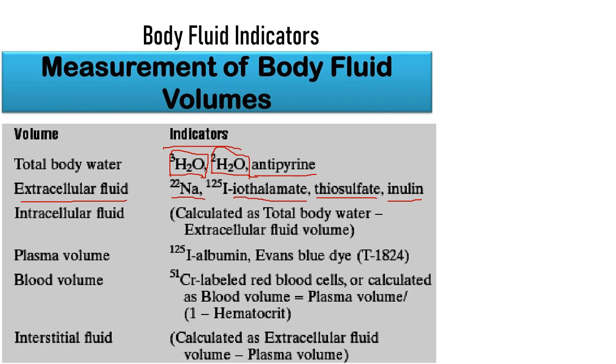This is because these are composed of large molecules, and remember that extracellular fluid is separated from intracellular fluid via a cell membrane, so these large molecules cannot cross the cell membrane. Since they cannot enter the intracellular fluid compartment, they are suitable to measure extracellular fluid, because they will only spread in plasma and interstitial fluid.